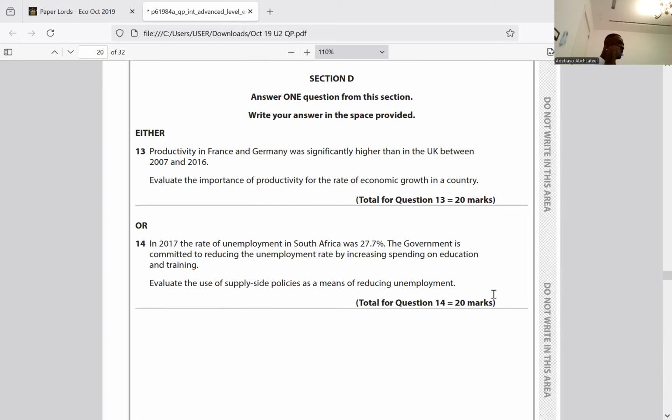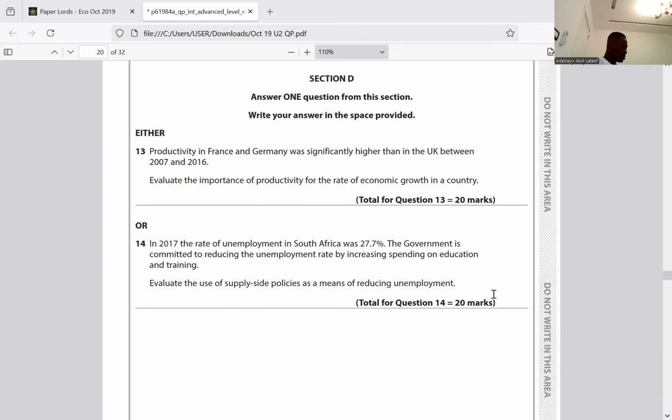Other methods may be better in achieving economic growth, such as what? Aside from productivity, what other methods will bring about economic growth?